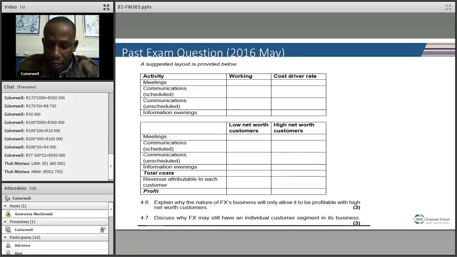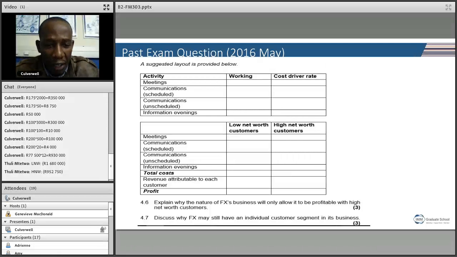My total cost, and remember, since these are costs, you put those in brackets to indicate these are costs. So you've got 1,680,000 in brackets as your total cost for low net worth customers, and also for high net worth customers you're having 952,750 in brackets.